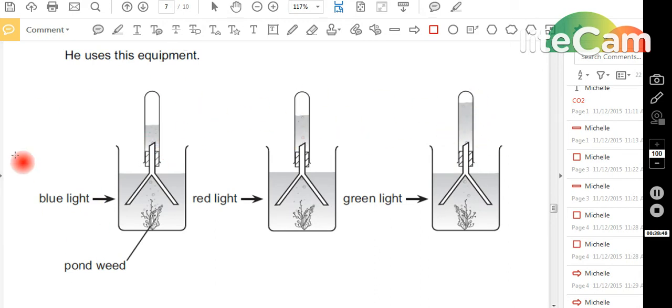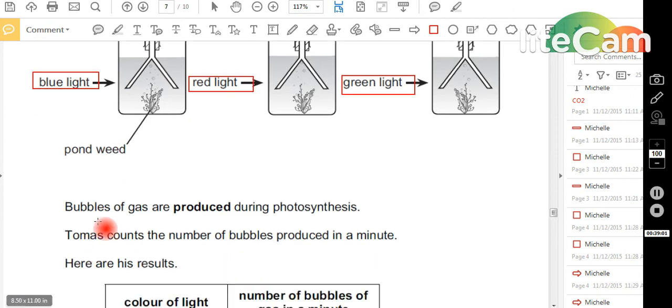Okay, this one receives blue light. This experiment receives red light. This experiment receives green light. Bubbles of gas are produced during photosynthesis. By this time, all of you should know this. Okay. Thomas counts the number of bubbles produced in a minute.